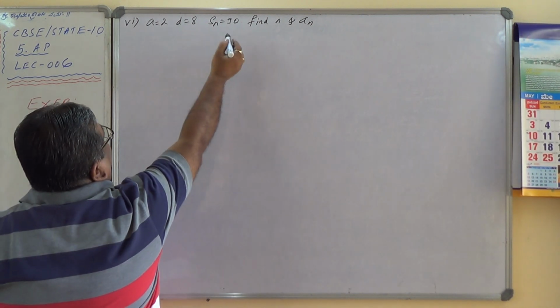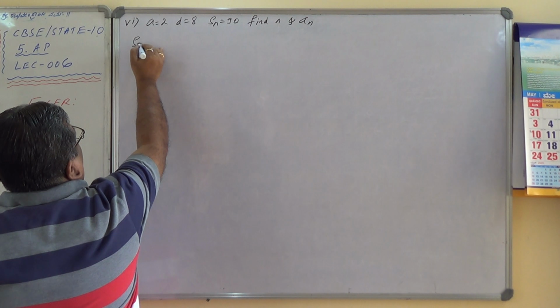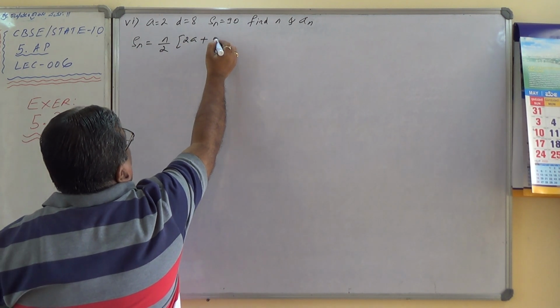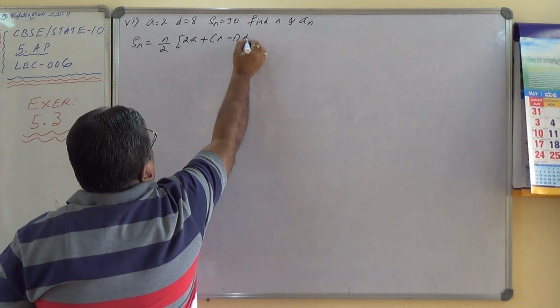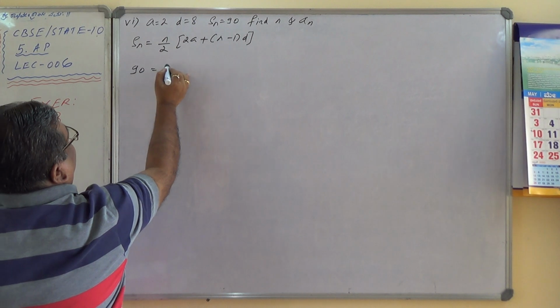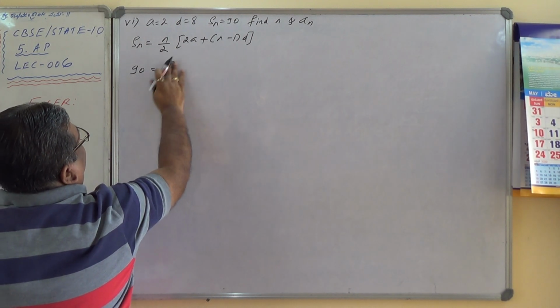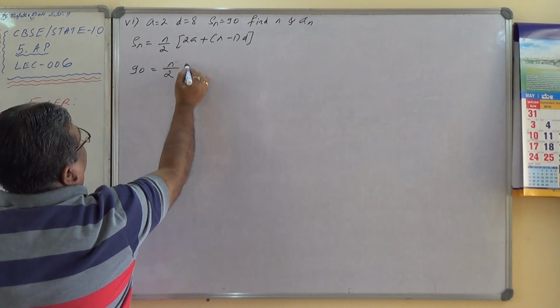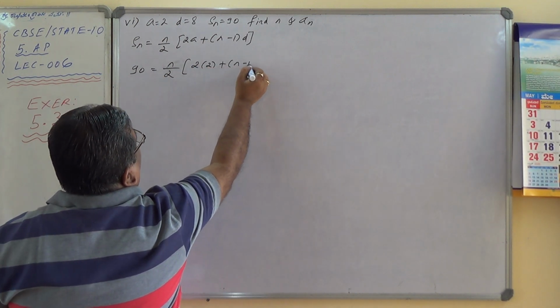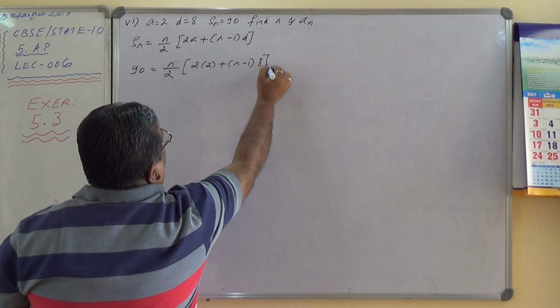A is given, D is given, Sn equals n by 2 into 2A plus n minus 1 times D. What is Sn? 90 equals n by 2 into bracket 2 times 2 plus n minus 1 times D, which is 8.